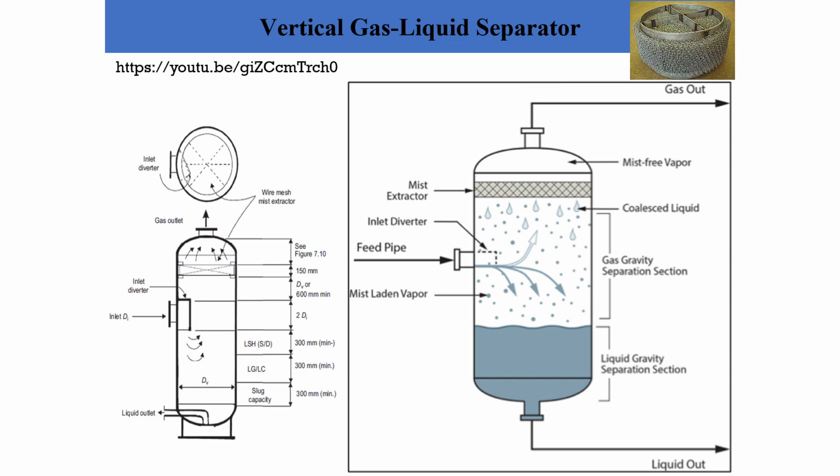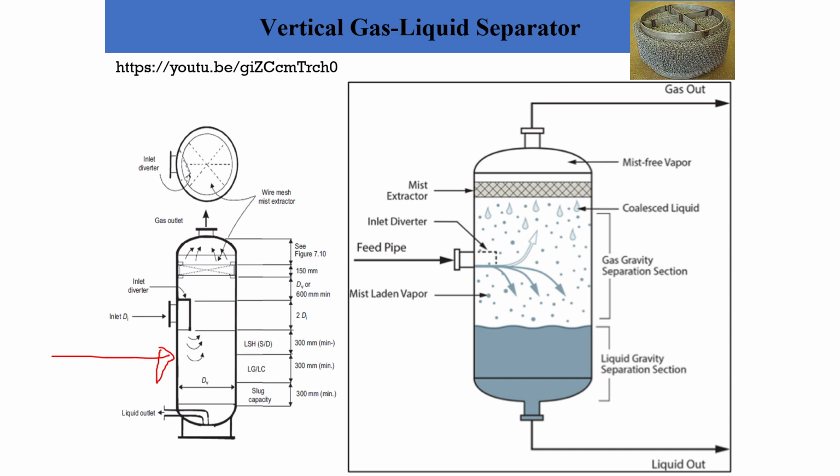Okay, now in this slide we'll explain the major sections or components of any vertical gas liquid separator. First of all, let's look at the sketch on the left side of the slide, which shows the dimensions for a common industrial vertical gas liquid separator.